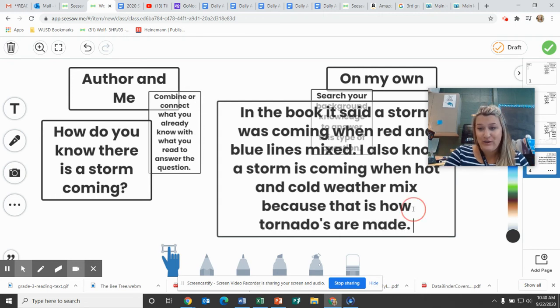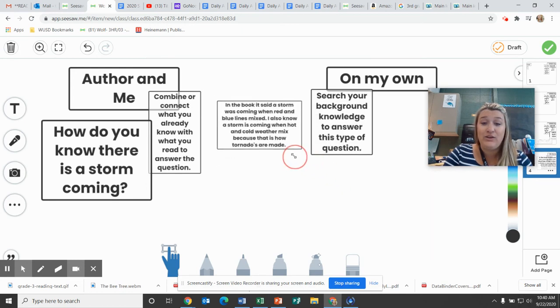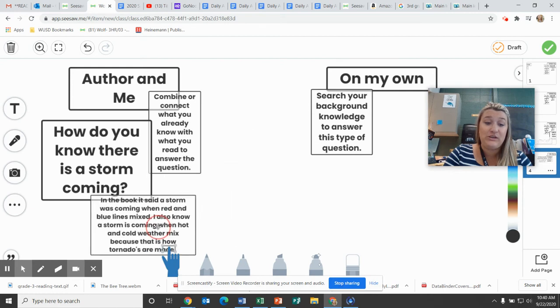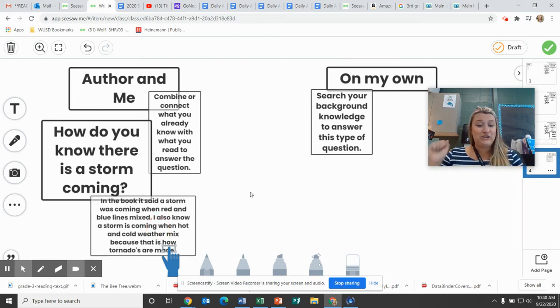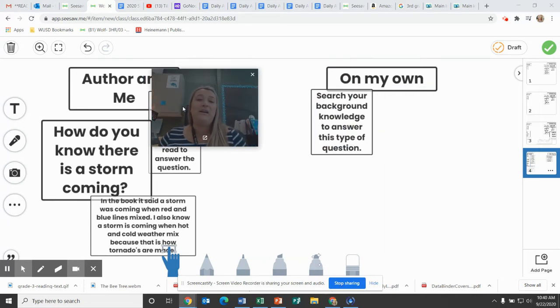I know this without reading. So I made that connection. I used what I knew from the book, which is the red and blue lines, and what I knew for myself, which is how a tornado is made, to answer that question. Author and me.